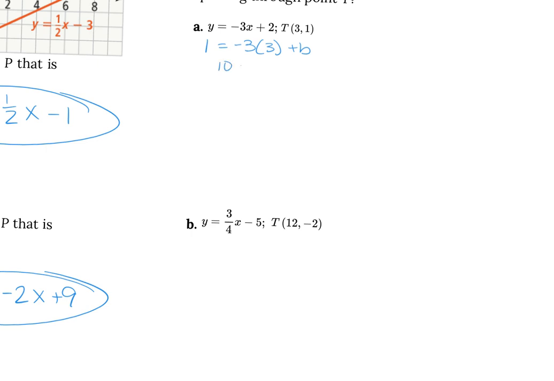So I would find b is equal to 10, so plug it in for my equation. My slope stays the same. So there's my parallel line.